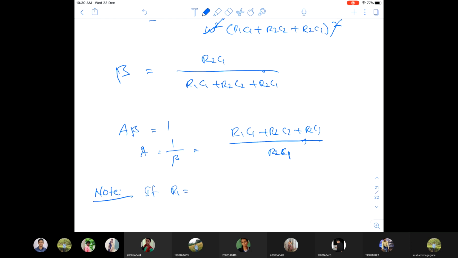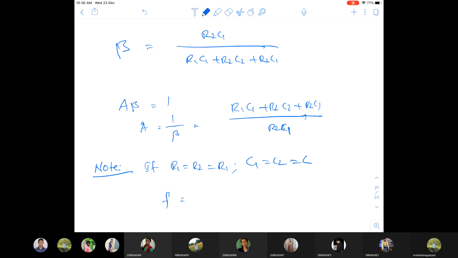Note: if R1 equal to R2 equal to R, and C1 equal to C2 equal to C, what happens?